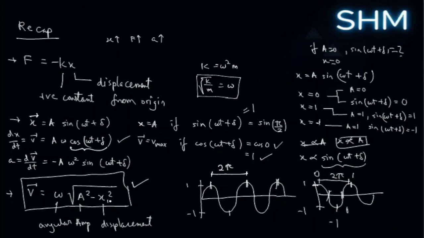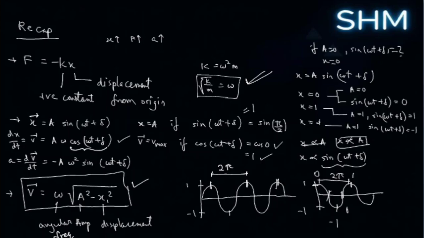We have taken x1 as the displacement, a as the amplitude, and omega as the angular frequency. Yaad karo. Stay in touch with this formula, it will help you a lot, right?